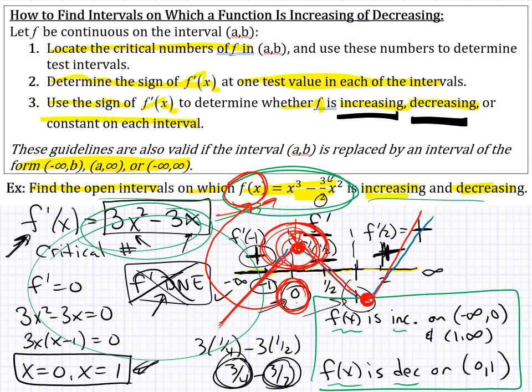So if I switch from increasing to decreasing and this point exists, then I can say that that point is a maximum. If I switch from decreasing to increasing and this point exists, then I can say that that point's a minimum. Let me show you something. Here's a vertical asymptote. On one side of the vertical asymptote, my function is increasing.